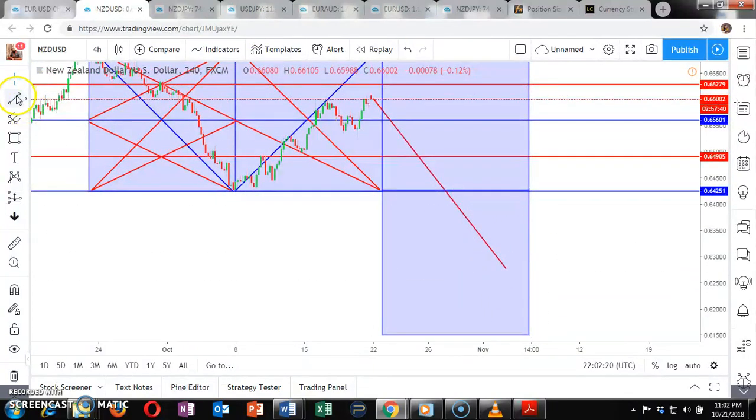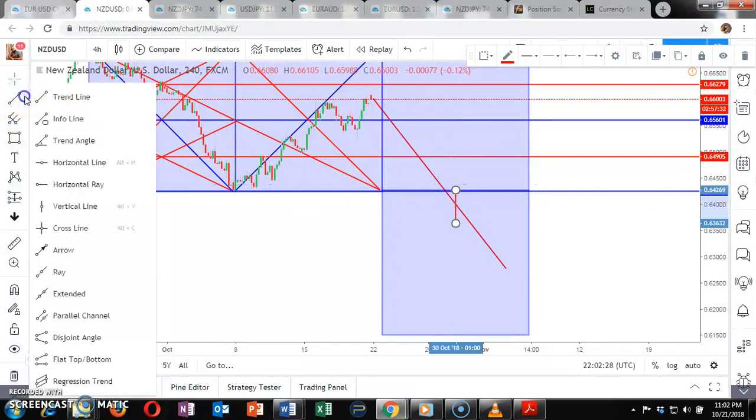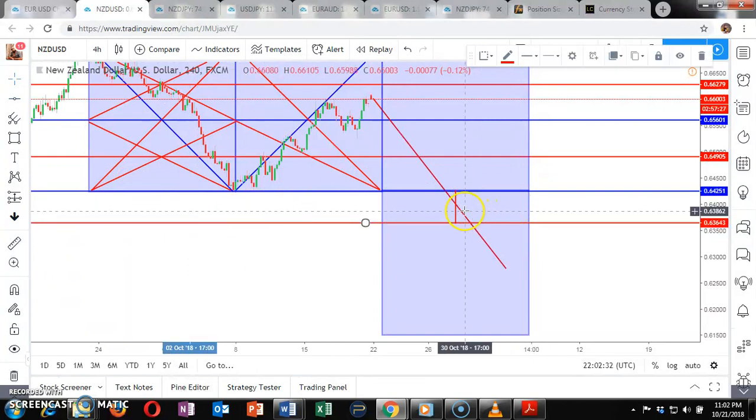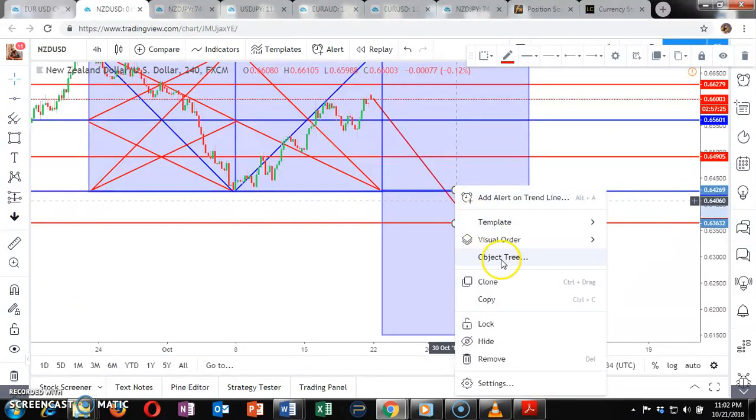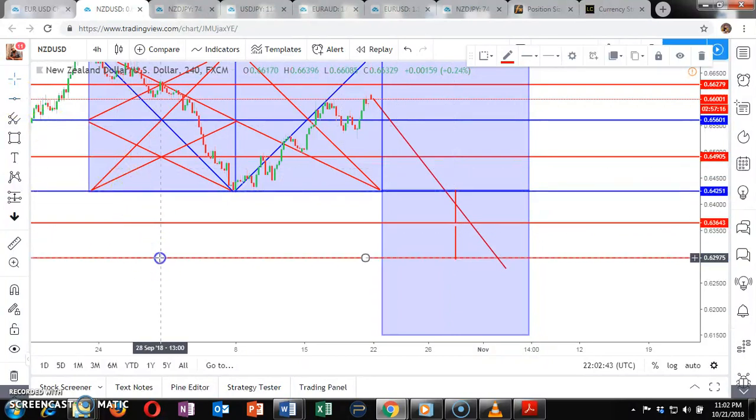Now all you can do is take your trend line, measure from this point to this point, bring it down here, take a horizontal line and place it there. You do the same thing, clone this, bring it down here, take the horizontal line, place it here.